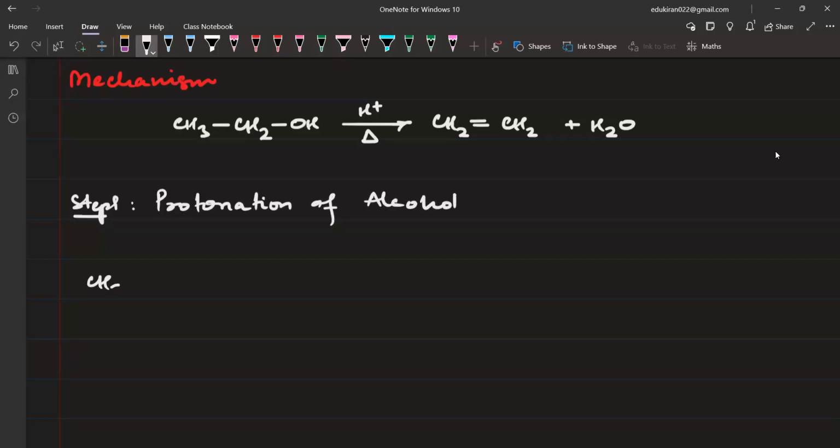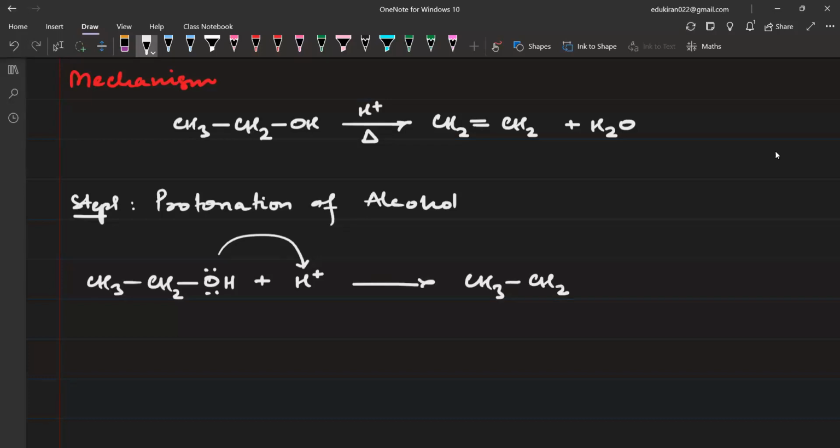So we have CH3, CH2, OH with lone pair electrons. From the acid, we will get H plus, and this is going to attack here, leading to formation of CH3, CH2, and then we have oxygen, and then 2 hydrogens like this with a positive charge.